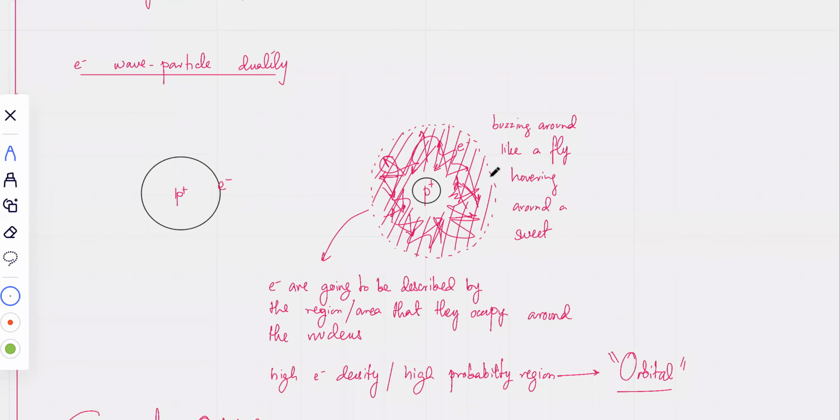So your electron is going to be described by this region. This region is called an orbital. It's the high probability region around the nucleus. From now on, electrons would be described by their orbitals. It's a specific place around the nucleus where there's a pretty high probability you'll be able to find the electron.